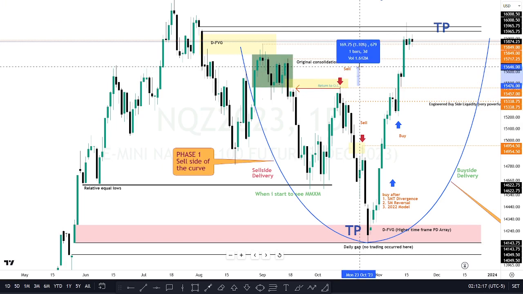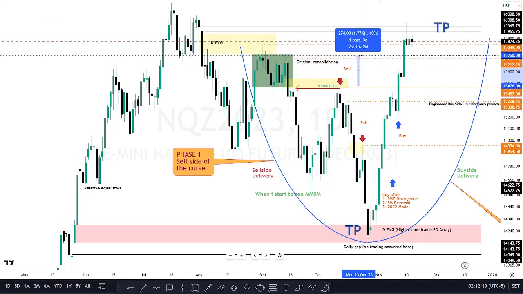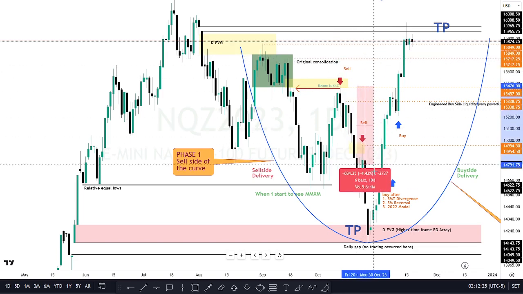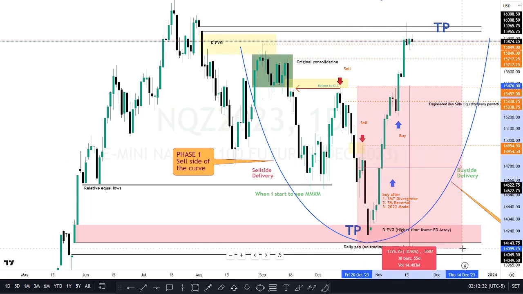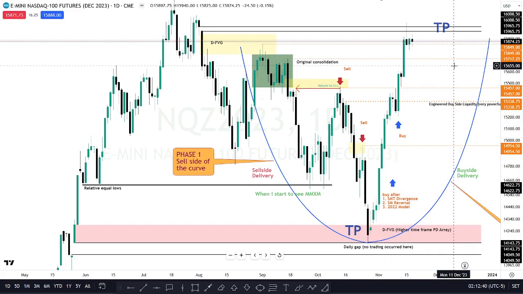You take your entry here, maybe above this. You have like 20 ticks, 1,000 ticks, that will go to your TP. And my TP was this, but it missed. It was 5,000 ticks, 5,200 ticks. So that's 1:5, 1:4. That's how it goes, guys.